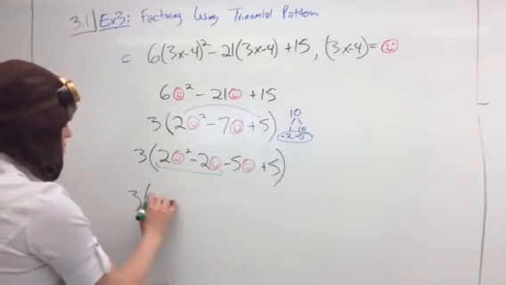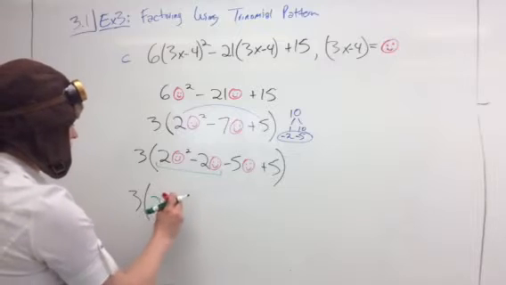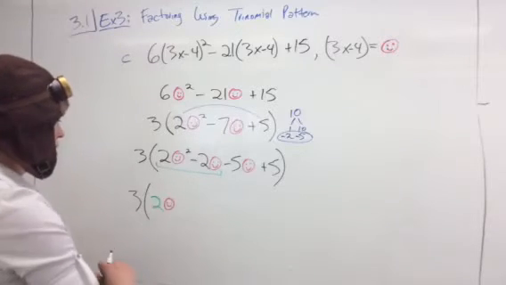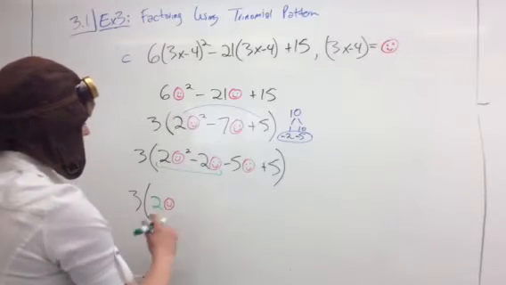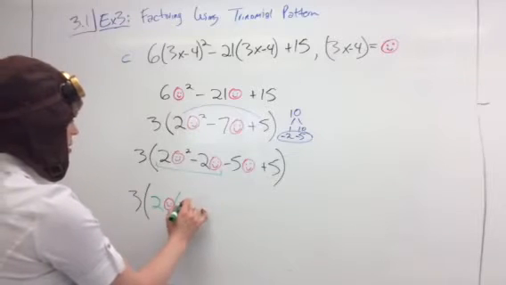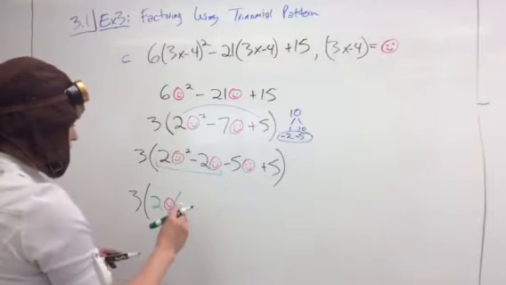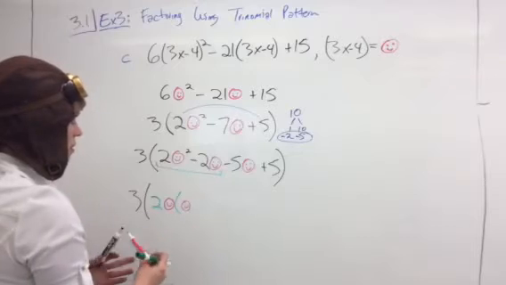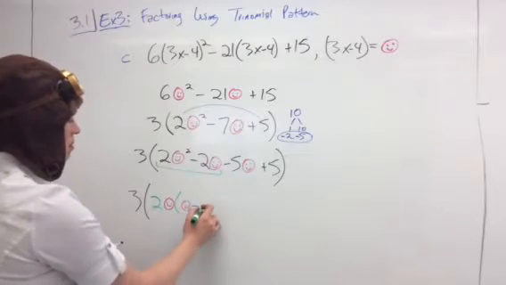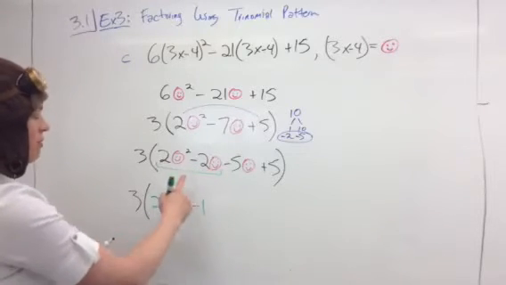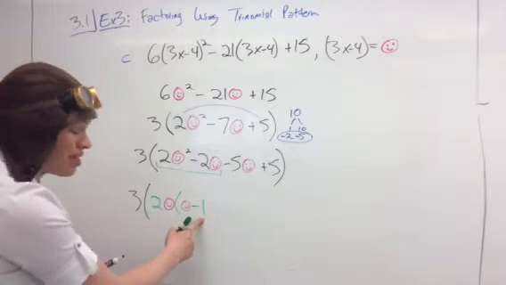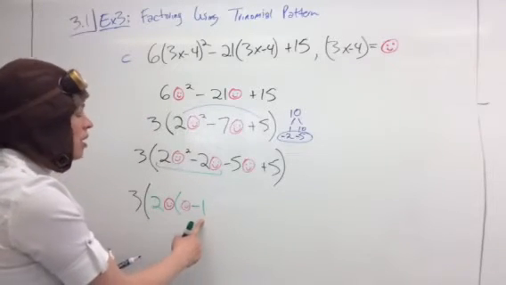I can take a 2 pink smiley face out of each of these, and we're getting a lot of pink smiley faces. And then inside the brackets, I'm left with 1 pink smiley face minus 1, because there's a 2 pink smiley face here and a 2 pink smiley face here, so I just leave the 1 there as a factor.